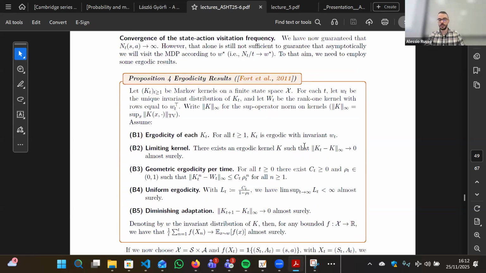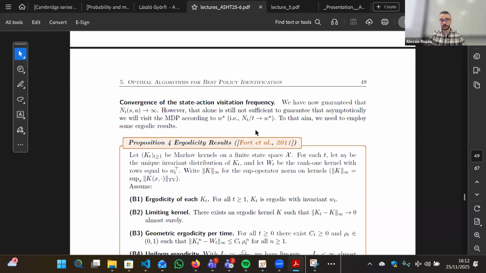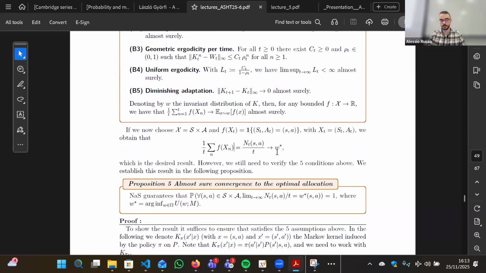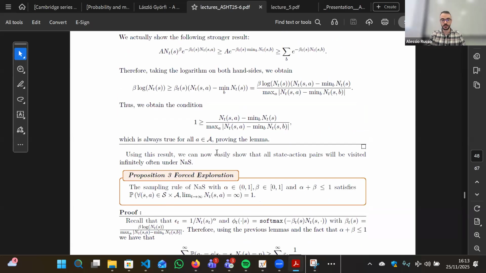And the properties that we need is, for example, that the exploration strategy that you use at each time step assigns non-zero probability to every action in all states, for example, like a uniform distribution. And then we also need to know what is the stationary distribution we're converging to. And we know it's this one. And then, once we know these things, it's quite easy to prove these properties.